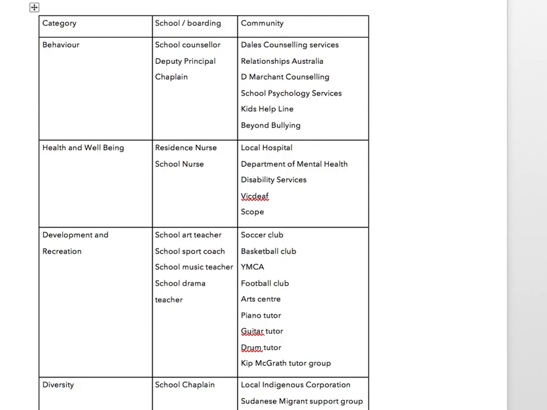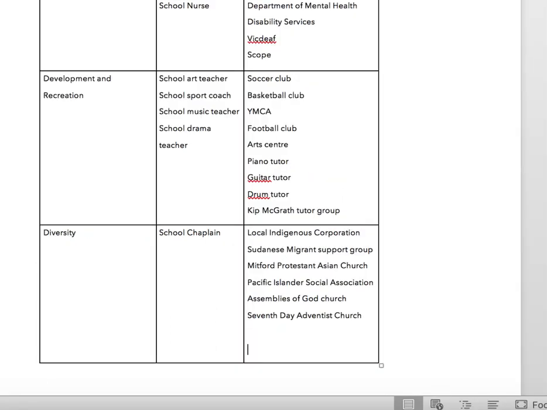So for development and recreation, you've got art and sport people in the school. You've got teachers, I guess, who provide tutoring. Outside, you've got sport groups, art groups, music, and then you've got a tutoring group as well. When you're looking at diversity, this helps you understand the sort of young people who are at Mitford.